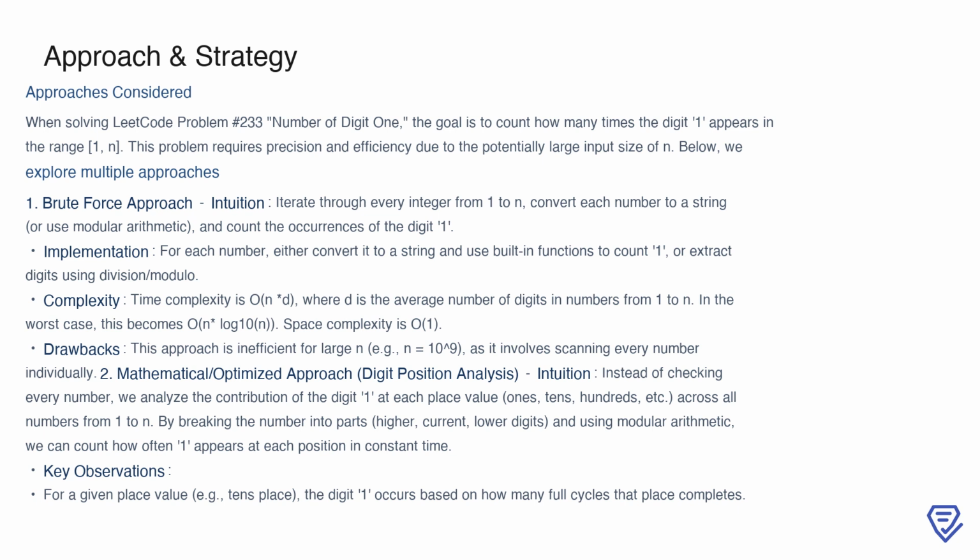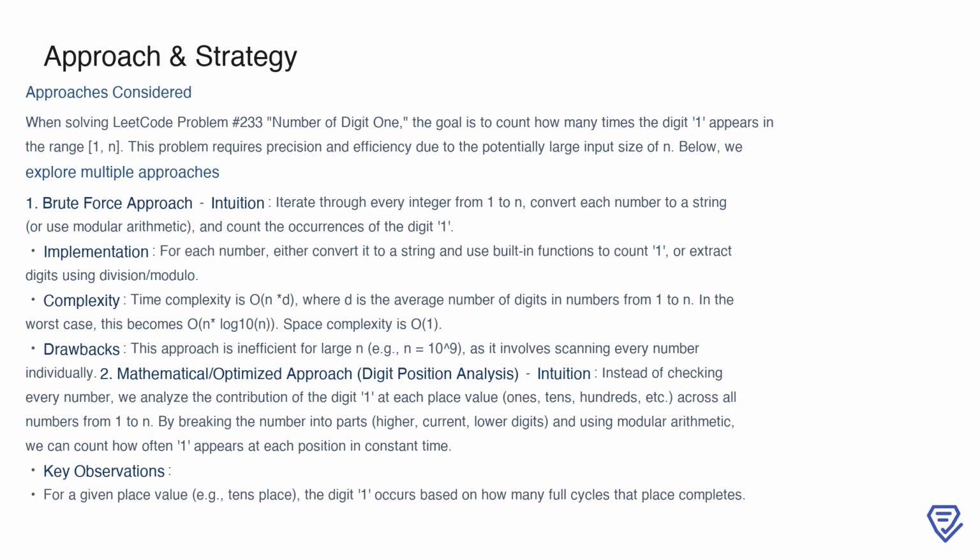This can be done by either converting each number to a string and using built-in functions to check for 1, or by using mathematical operations like division and modulo to extract and count digits. While simple to implement, this method has a significant drawback: it's inefficient for large inputs. The time complexity is O(n*d), where d is the average number of digits in the numbers. For large n, like 10 to the power of 9, this quickly becomes impractical.